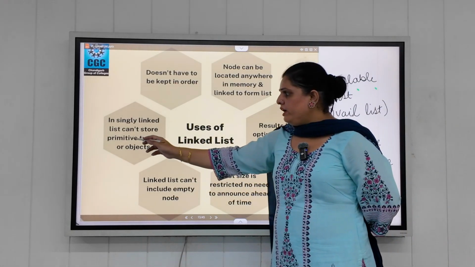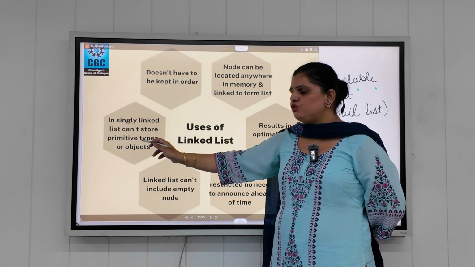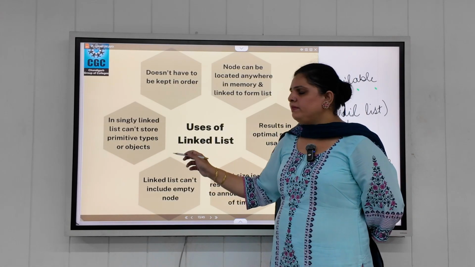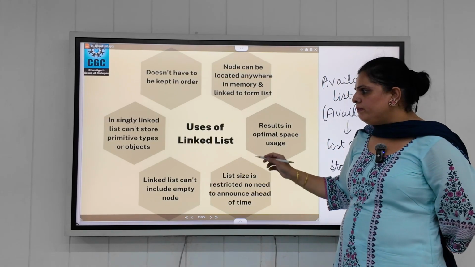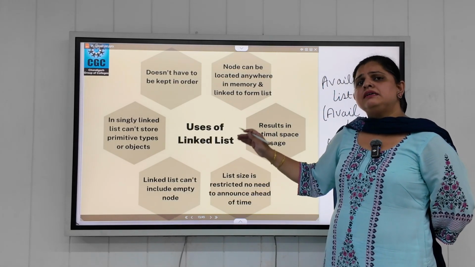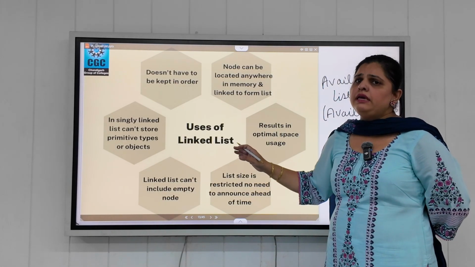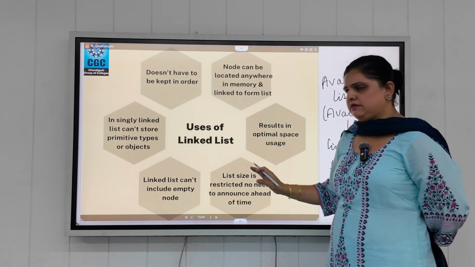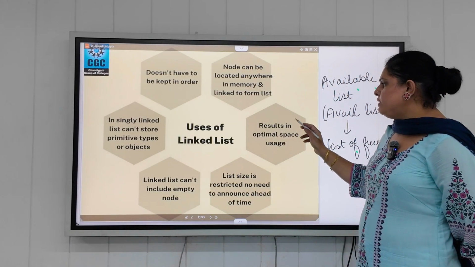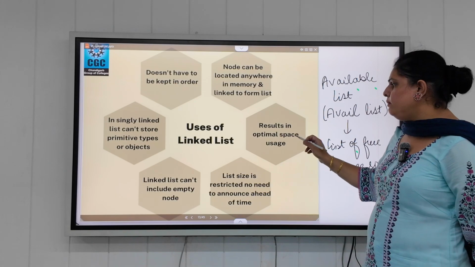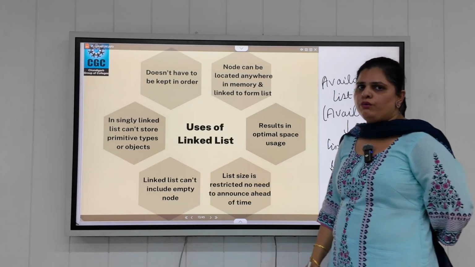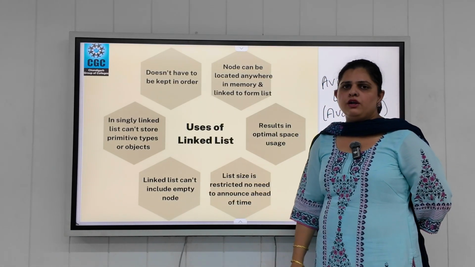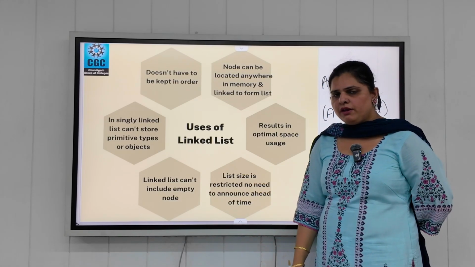So if a linked list is not storing the primitive type, that means with the help of non-primitive data types, searching and traversing can be efficient in a single linked list. The result is optimal space usage. Obviously, in a linked list we do not store the data in a continuous memory location.